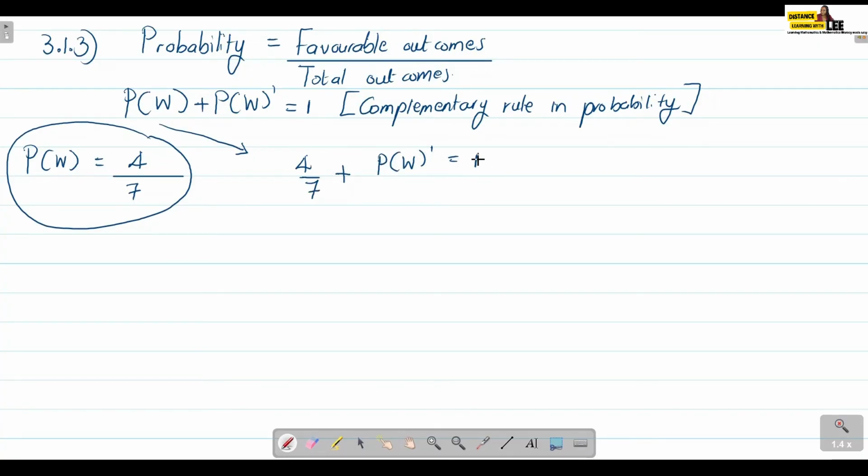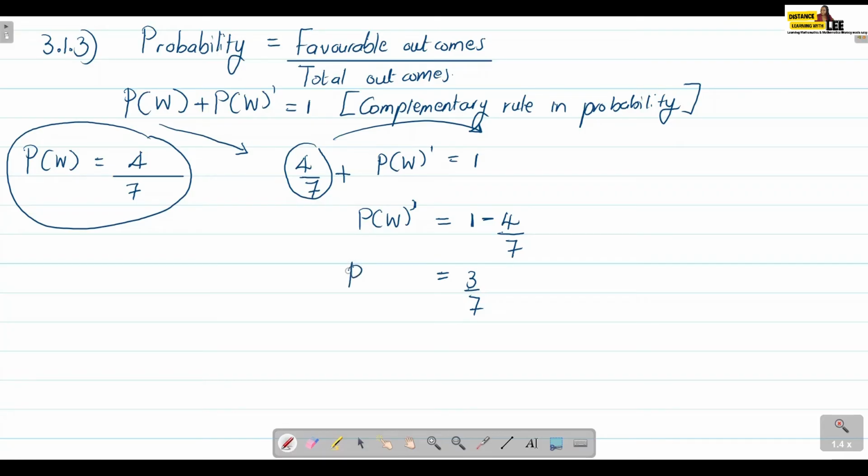We're looking for our P(W prime), so we're just going to isolate that, right? We want to have our P(W prime) on its own, which is going to be equal to 1 minus, when your 4/7 goes to your right hand side, the sign changes and it becomes negative 4/7. So therefore 1 minus 4/7 will give you 3/7.